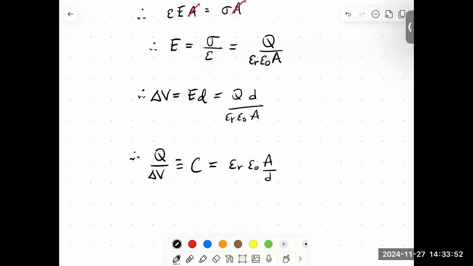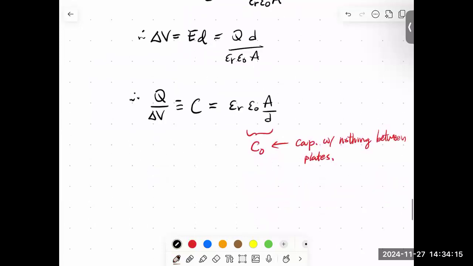That's the capacitance when we have nothing between the plates, some air between the plates of a capacitor. And so this is the capacitance with nothing between the plates. And so therefore, C is equal to epsilon R C naught.